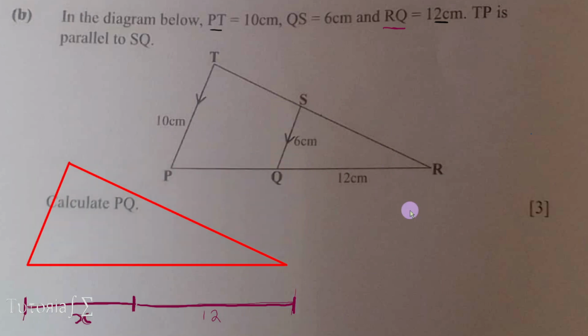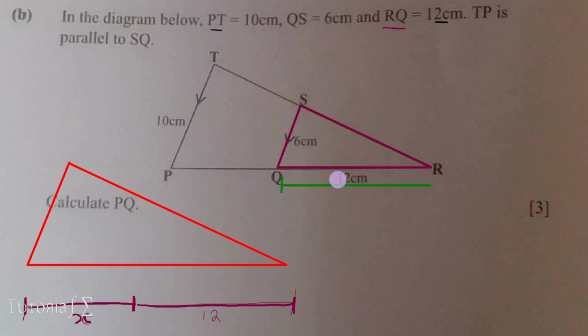Okay, so this is one triangle. Then there is also this small triangle right here, which goes like this, like that, and like that. Okay, so this small triangle has this side, which is 12 centimeters. So basically the length here is 12.